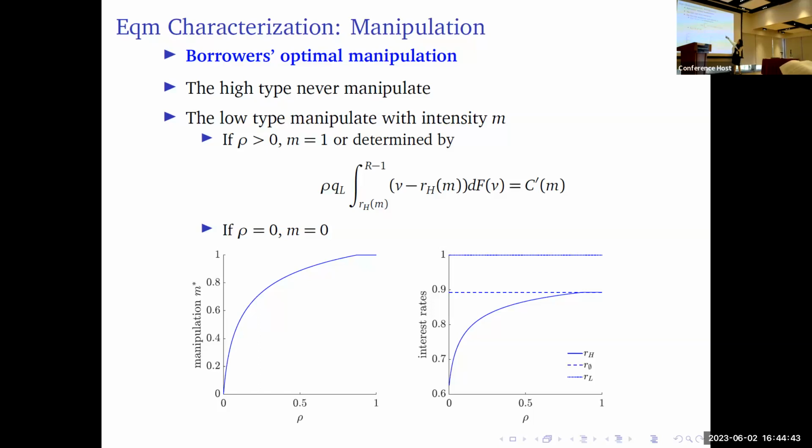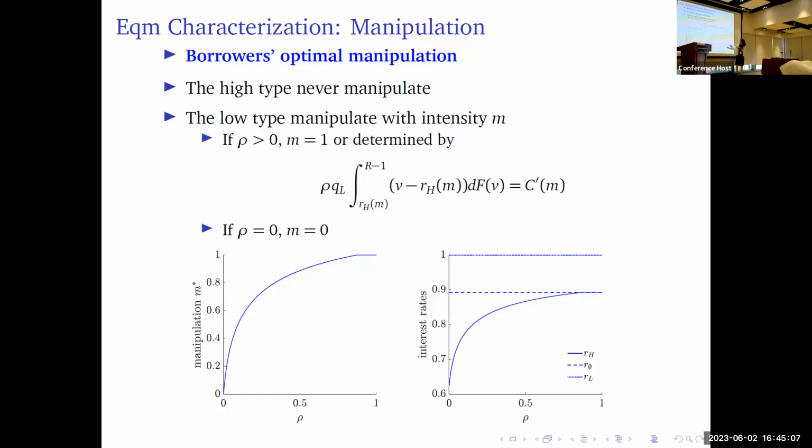So these 2 dashed lines indicate these 2 cases. It means that the data technology of the lender will not affect the optimal interest rate here, because either there's no information generated, so it will not affect the optimal interest rate.